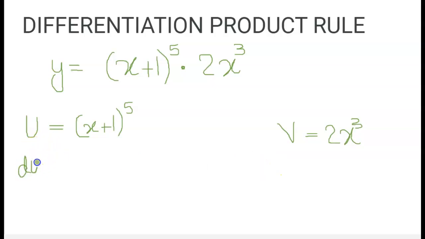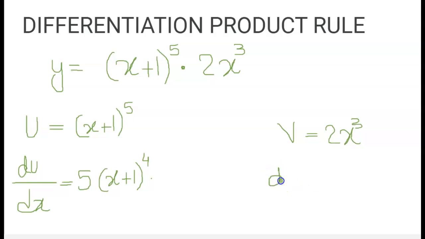And when I differentiate this one, du over dx, according to the law, the 5 comes out, reduce the power by 1, and then differentiate this thing. If I differentiate x plus 1, the answer is just a 1, so I don't need to write 1 here. In your assignments, you need to do all the steps. I am skipping the steps, but in the previous videos, I have done all the steps.